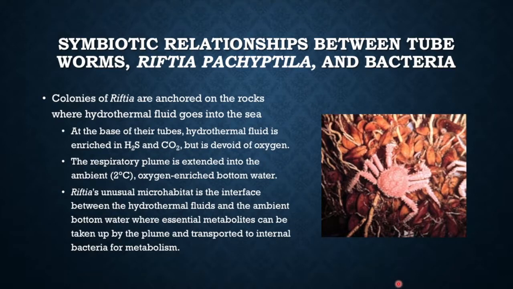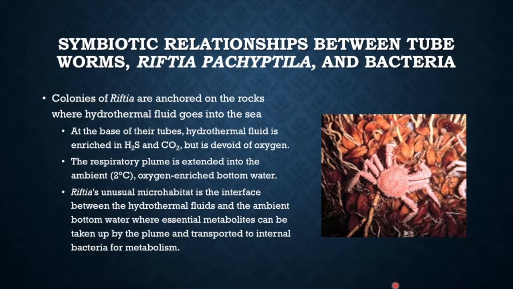So they're anchored to the rocks or the precipitate that is coming out of these vents that forms the vents. And at the base of their tubes, the fluid is enriched with hydrogen sulfide and carbon dioxide and has virtually no oxygen. So they get their oxygen from the surrounding water instead of the fluids that are coming out of the vents.